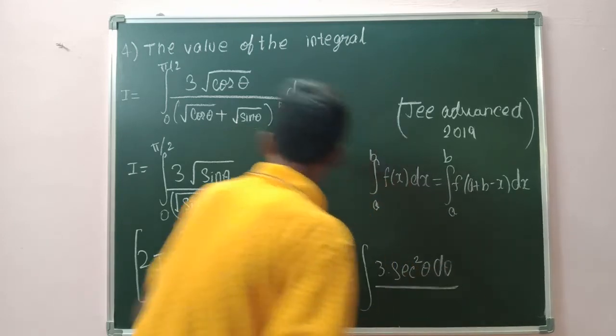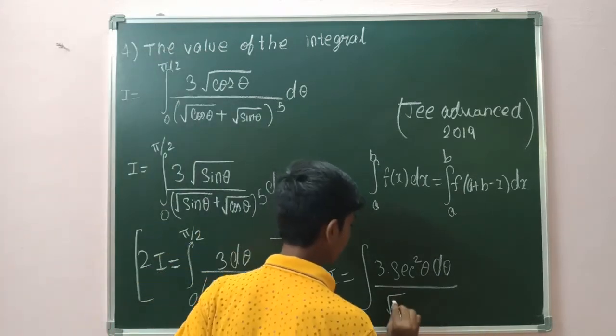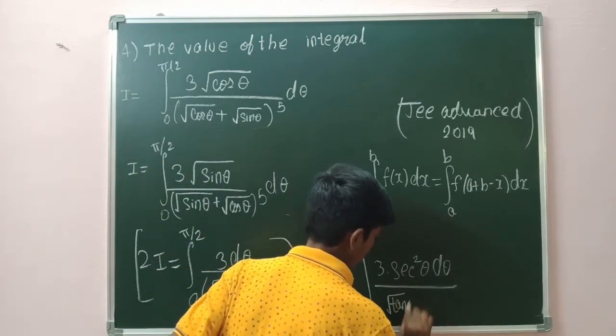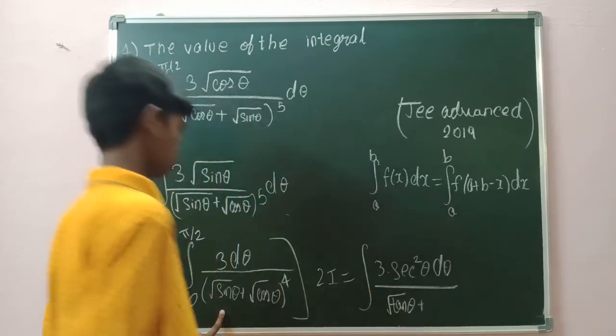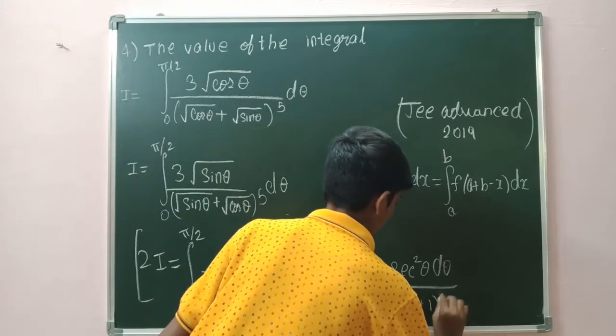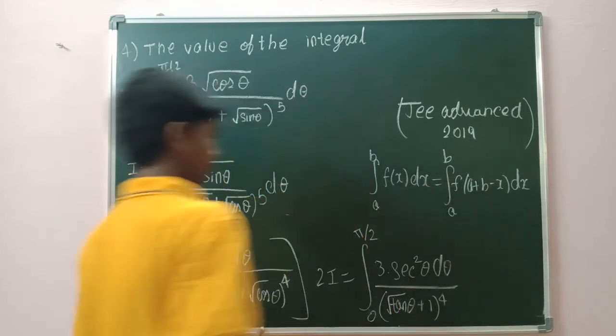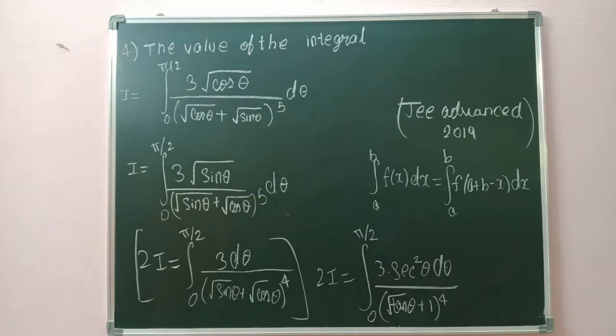The denominator, when divided by cosθ, will give (√tanθ + 1) whole power 4, from 0 to π/2. This is what you will be left with. Is what I did correct or not? This is what you will get when you divide by cosθ on both numerator and denominator.